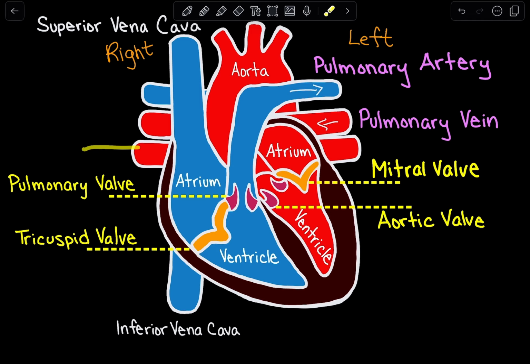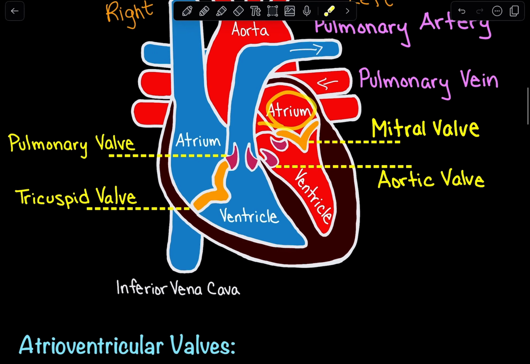The oxygenated blood comes back from the lungs through the pulmonary vein, and it enters into the left atrium. Whether it's coming from this lung or this lung, it's going to pool into the left atrium, and from that left atrium, it's going to pass through another valve, which we previously defined as the mitral valve, but remember this can also be called the bicuspid. Once we pass through that bicuspid or mitral valve, we are now in the left ventricle.